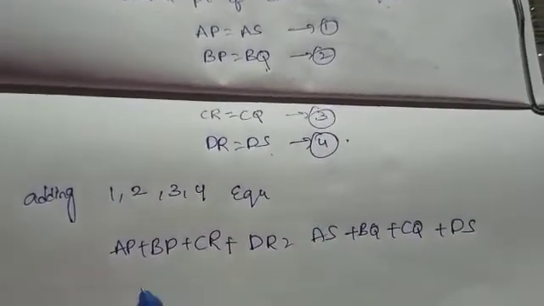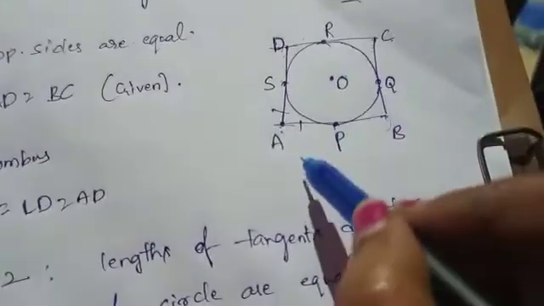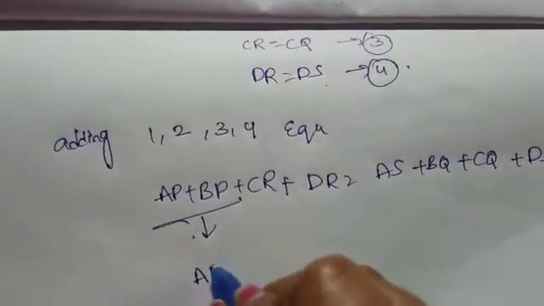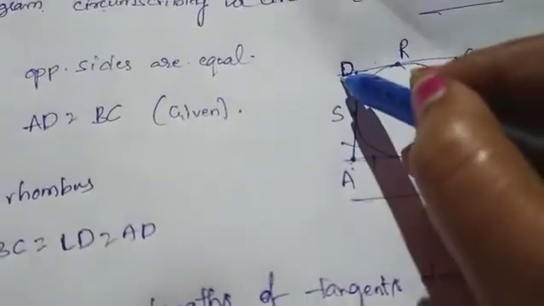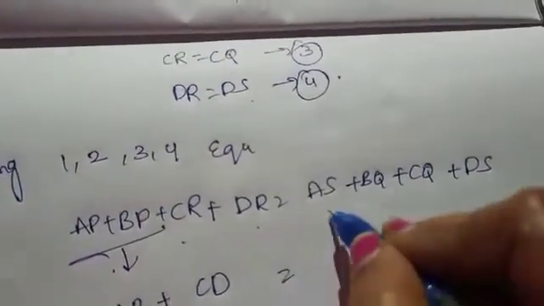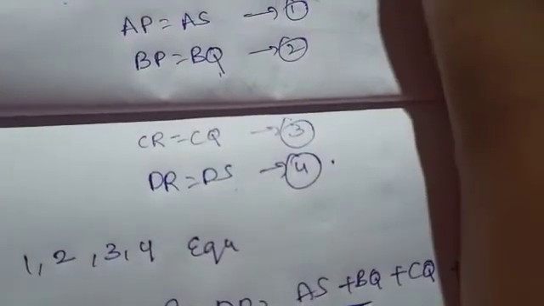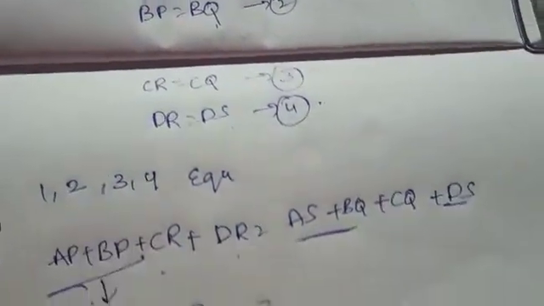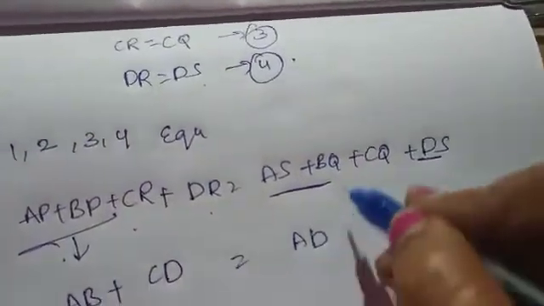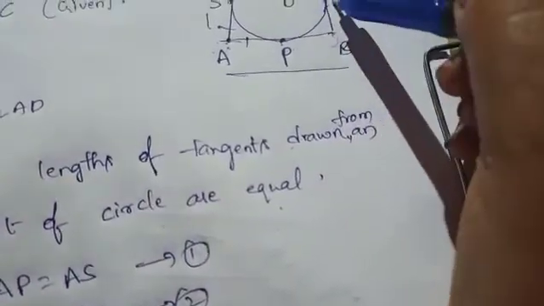Here AP plus BP equal to AB. CR plus DR equal to CD. AS plus DS equal to AD. BQ plus CQ equal to BC.